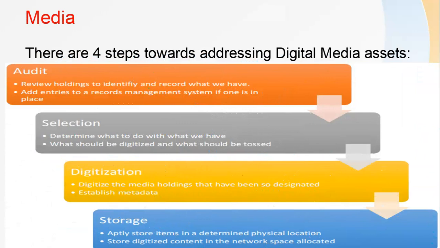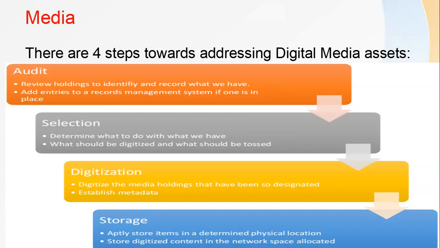So there are electronic records called media records. There are 4 steps towards addressing digital media assets: audit, selection, digitization, and storage. In audit, review holdings to identify and record what they have, then add entries to a records management system if one is in place.